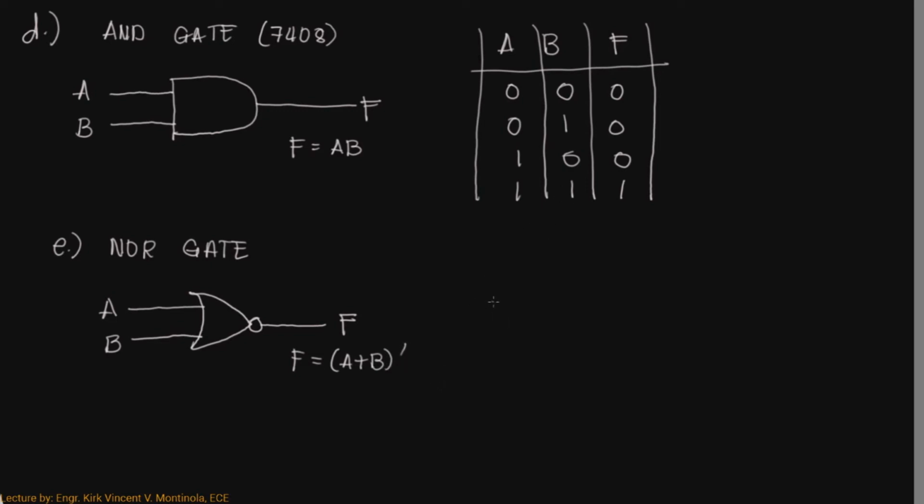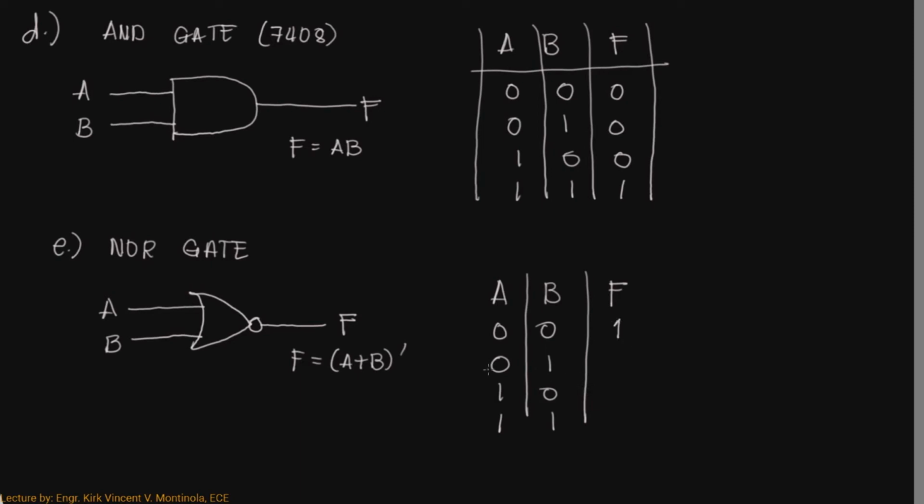Okay, so if we have a truth table, we have A, then we have B, and the output F. This one is 0 0, then 0 1, then 1 0, and then 1 1. The output is 0 plus 0 is 0, then complement, that becomes 1.